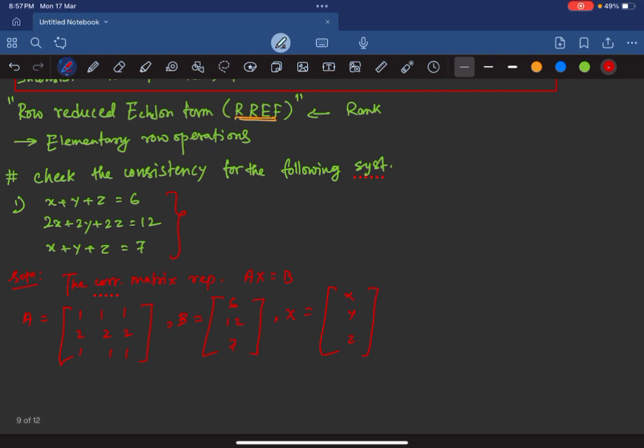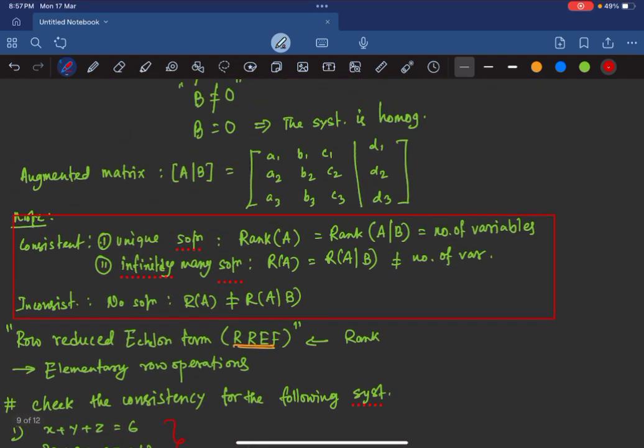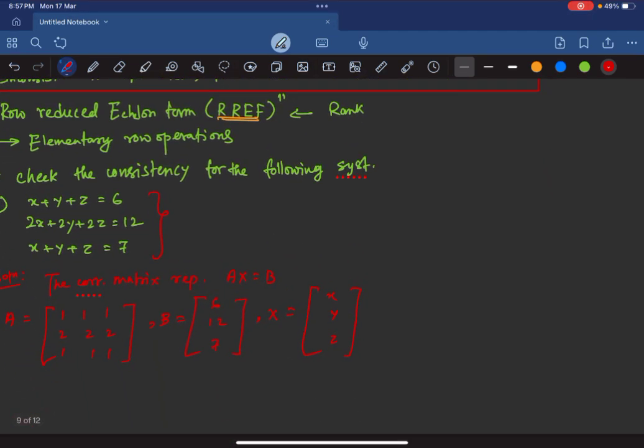Next, we're interested in the rank of A augmented B, so we'll set up the A augmented B matrix. It will be 1 1 1 6, 2 2 2 12, 1 1 1 7. This is the augmented matrix.